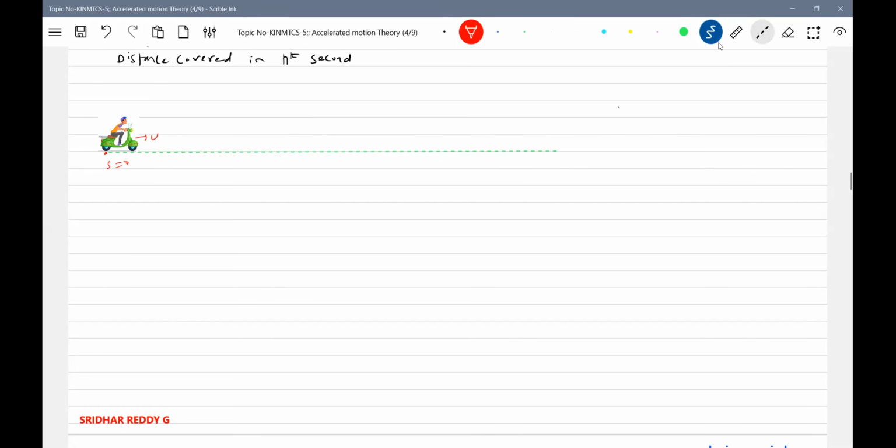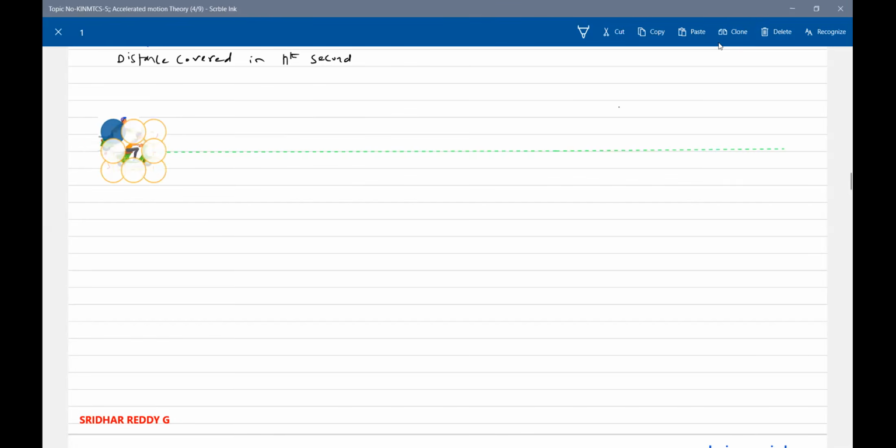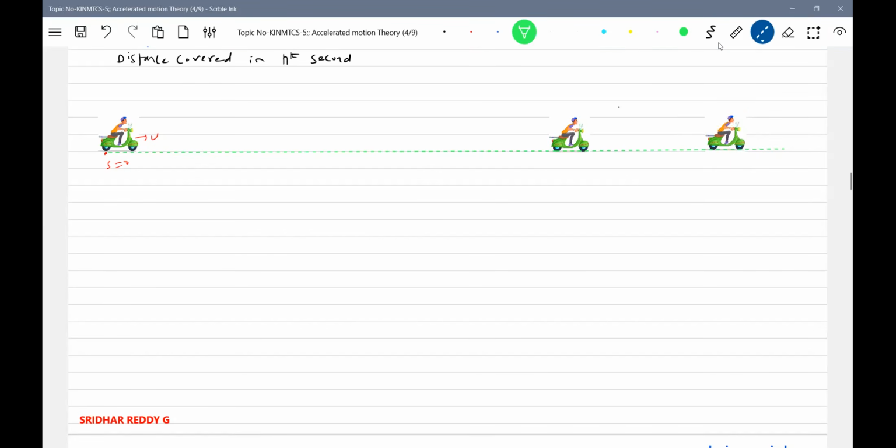Then after n seconds, he'll be here. After n minus 1 second, it'll be a different position. So here will indicate. So this will be the distance covered in n seconds.